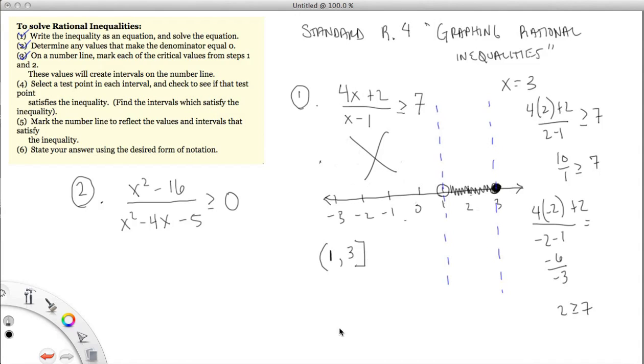So this is the solution to this problem. It goes between 1 and 3, and you can test any points in here. We could test 2.5, 2.3, 2.1111, and there are infinitely many solutions here, but it's restrained by the fact it has to stay above 1 and less than or equal to 3.